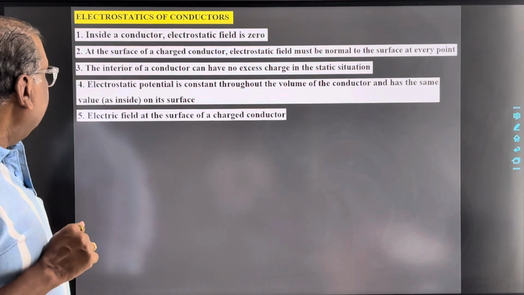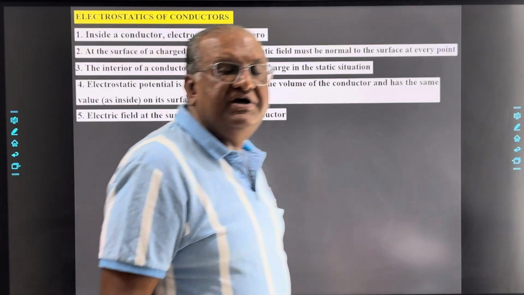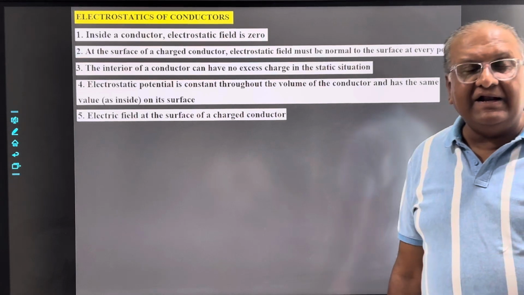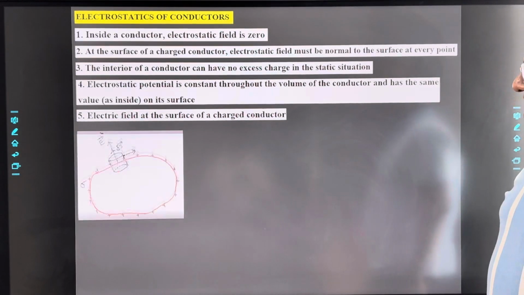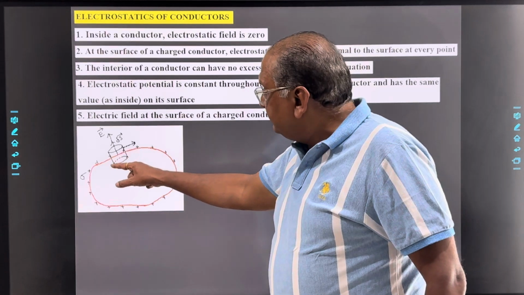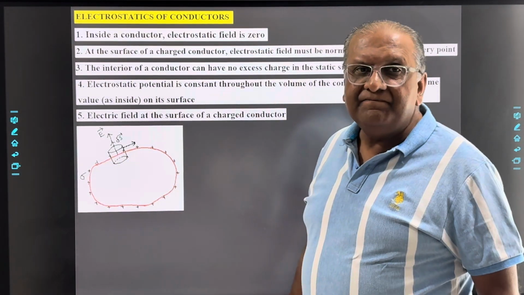Now, electric field at the surface of a charged conductor, its value: how can we calculate it? Suppose we consider a charged conductor, and the surface charge density is sigma.